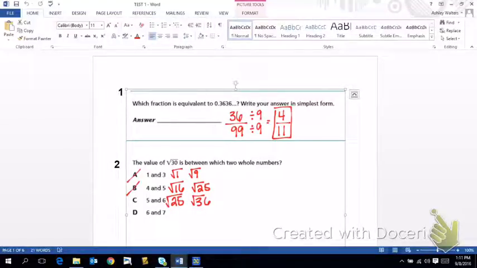Therefore, the square root of 30 will fall between 5 and 6.